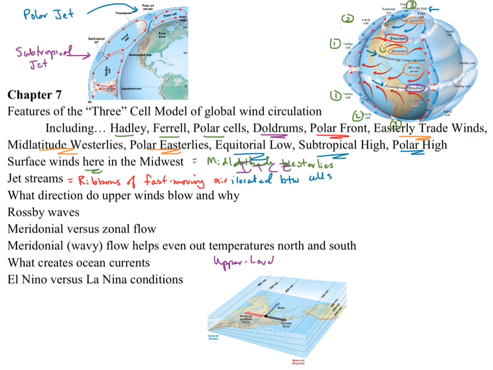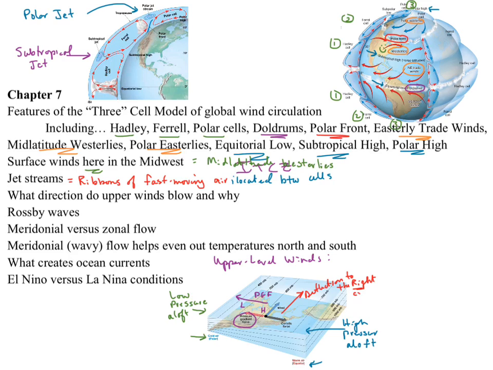And so I have a question on the test that's going to ask you why upper level winds are westerly winds. I'm going to remind you that aloft, at upper elevations, over the equator we have a high pressure, and over the poles we have a low pressure.